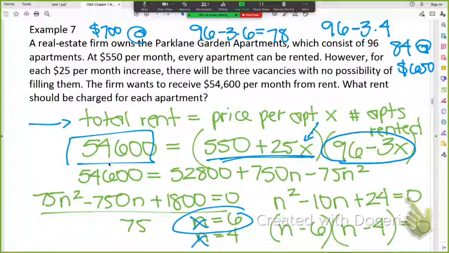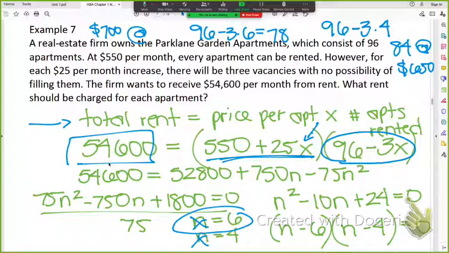So what we solved for was like the variable nature of the apartments. If you up your price by $150, you can rent fewer apartments, 78. If you up your price by only 100, you can rent out 84 of them. Either way, you get the same amount of money that you were looking for. There's 2 answers on this one? There is 2 answers in this one, yes. Either one would work. It would be different prices for different numbers of apartments.